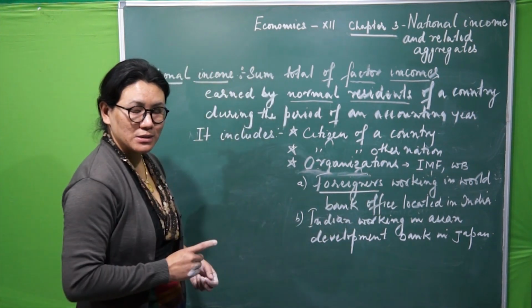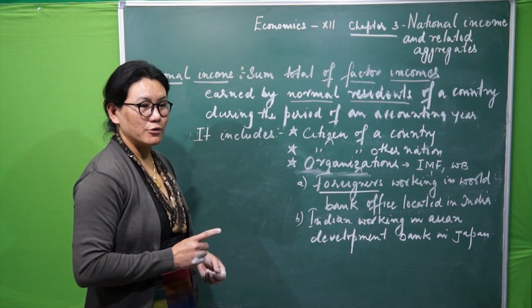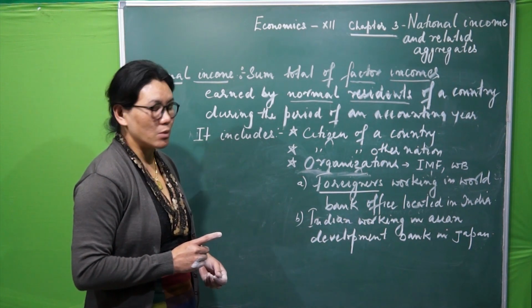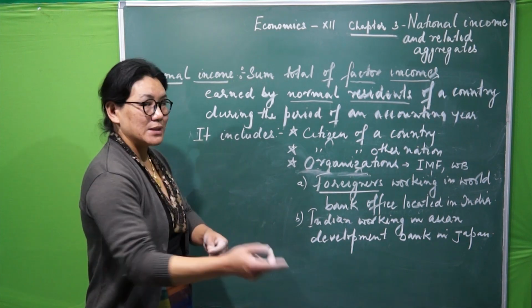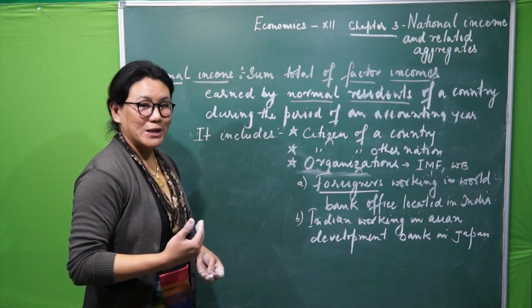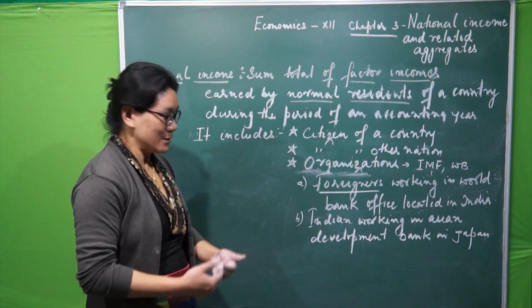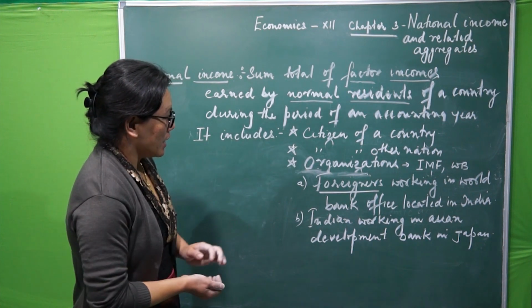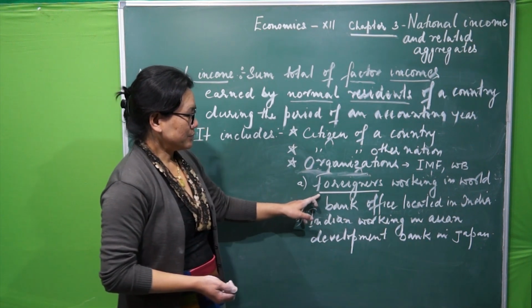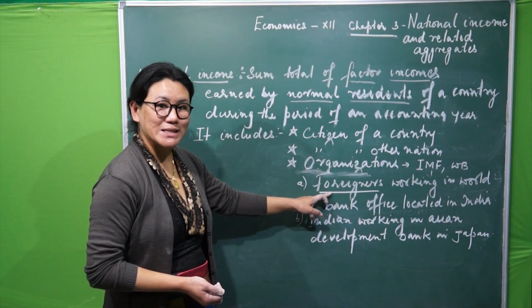The first one is he has to stay in India for a period of 1 year or exceeding 1 year. And the second one is his economic interest must lie in India. Now I said this foreigner will not become a normal resident of India.